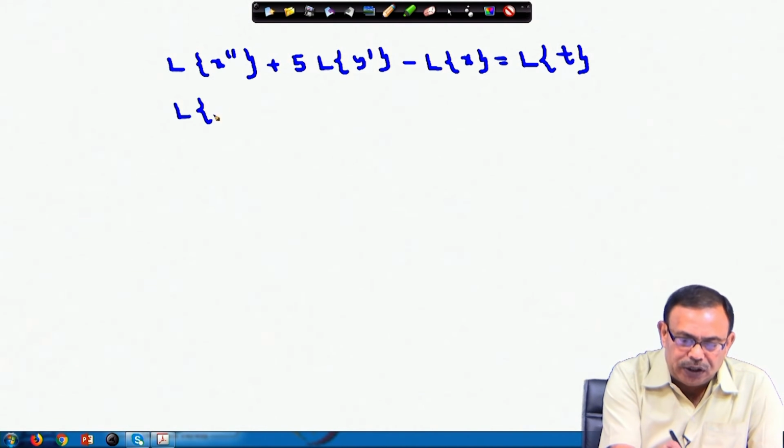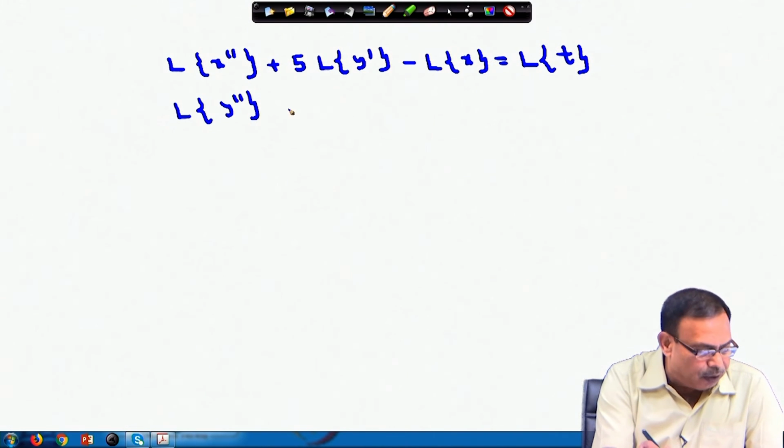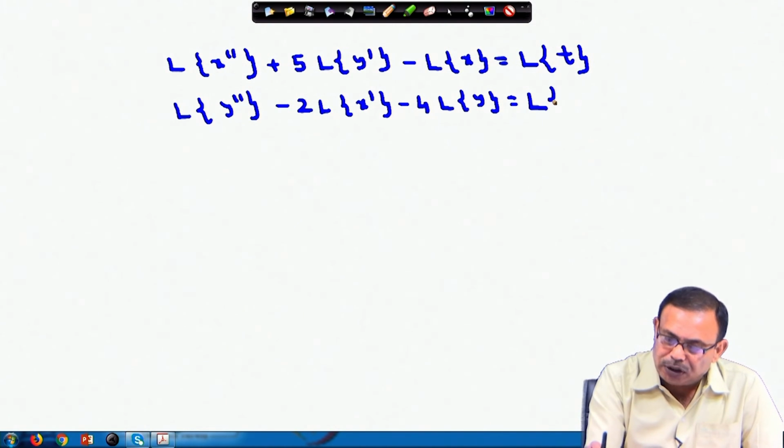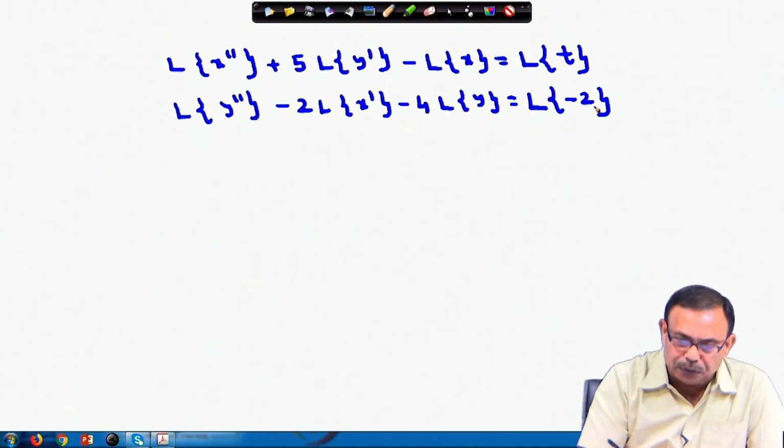And for the second equation, Laplace transform of y double dash minus twice Laplace transform of x dash minus 4 into Laplace transform of y equals Laplace transform of minus 2.